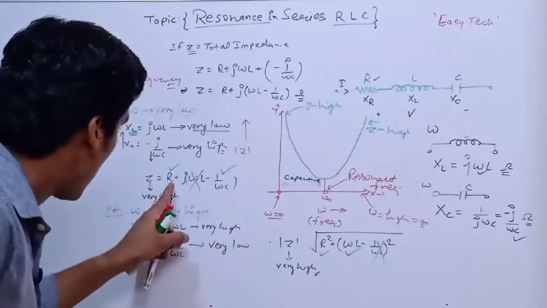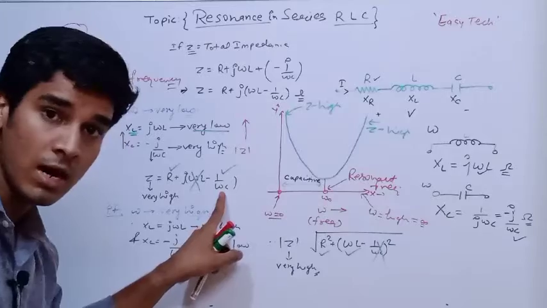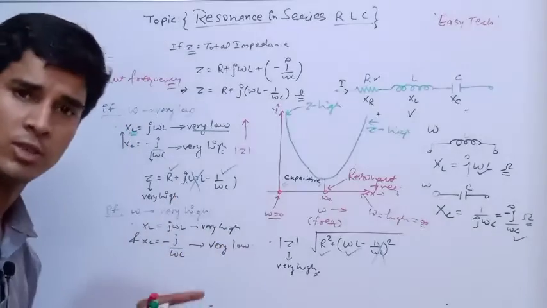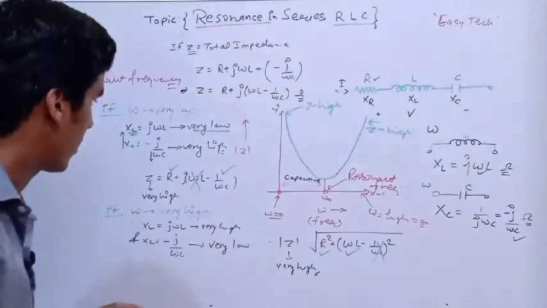Why? Because it is R and C; R and 1 upon omega C are in the picture. The very low value of j omega L is responsible for erasing this picture.